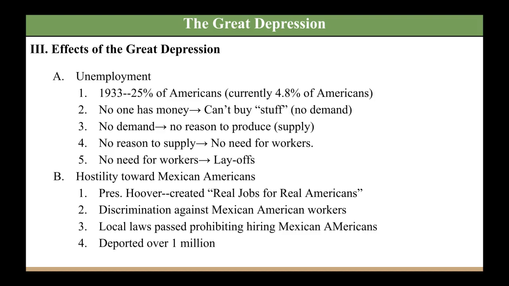This hostility towards Mexican Americans will also result in the deportation of over 1 million Mexican immigrants. So it's really this significant racism, nativism, and discrimination against this particular ethnic group in an effort to, quote, give these real jobs to, quote, real Americans. And so not only are we suffering as a nation, but we start to turn against one another as a nation.